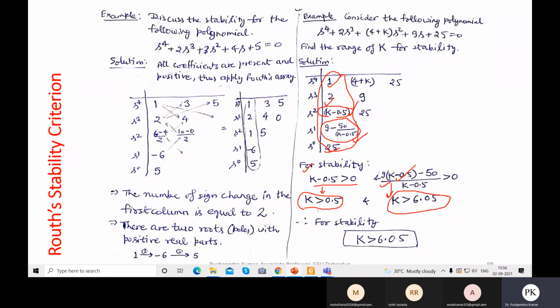So what is the condition? One says k should be greater than 0.5, and the other says k should be greater than 6.05.